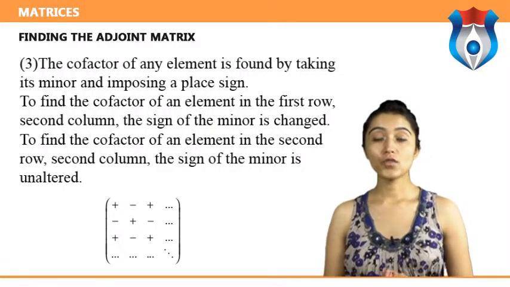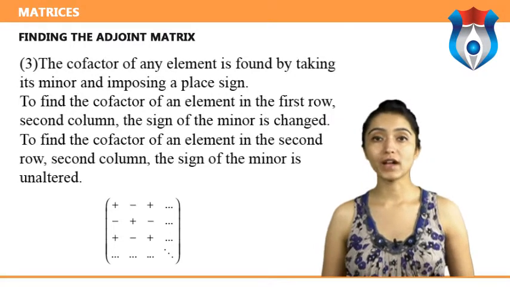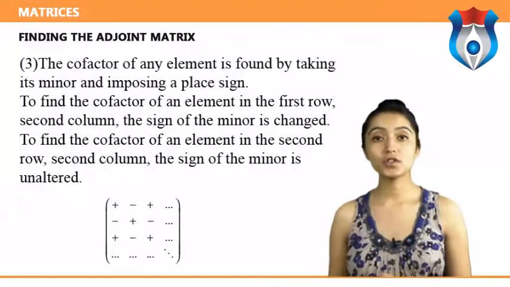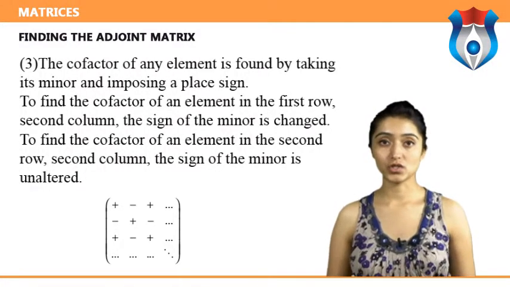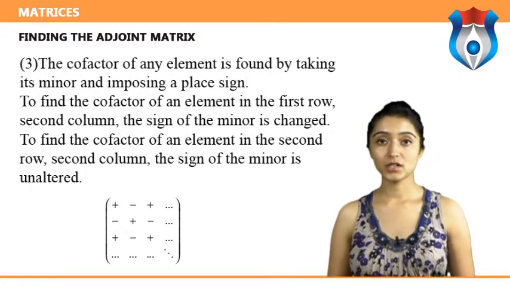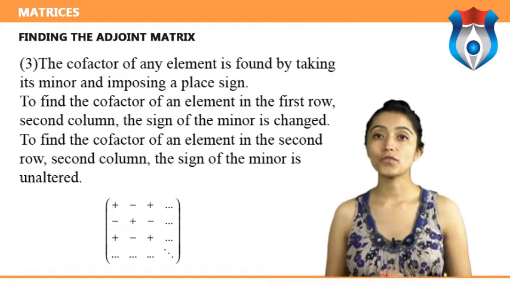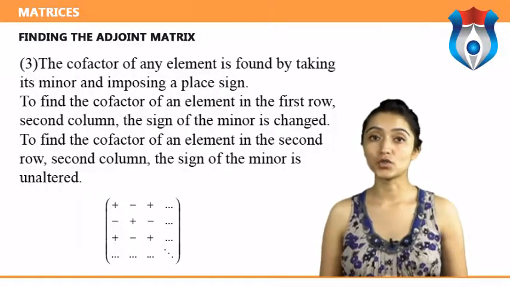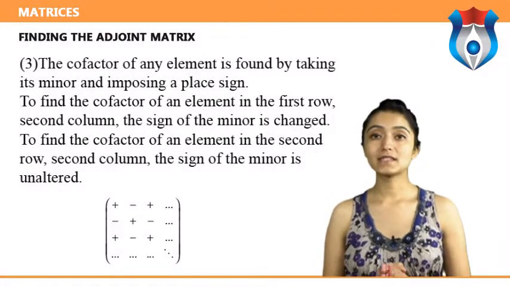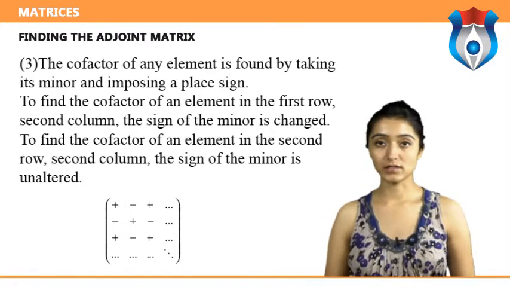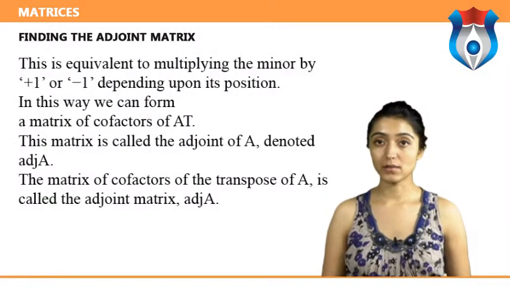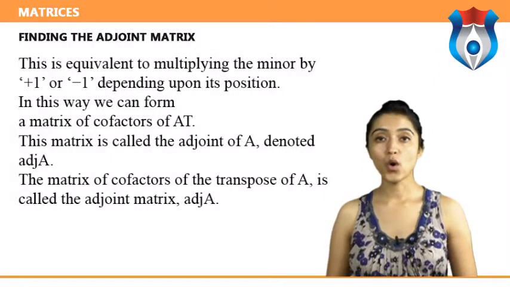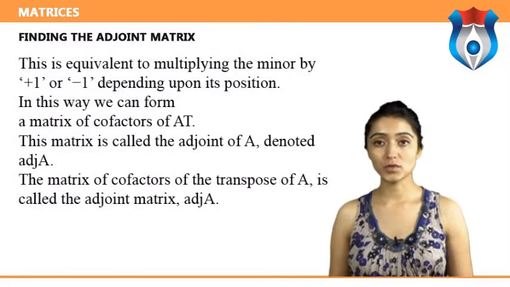This means, for example, that to find the cofactor of an element in the first row, second column, the sign of the minor is changed. On the other hand, to find the cofactor of an element in the second row, second column, the sign of the minor is unaltered. This is equivalent to multiplying the minor by +1 or -1 depending upon its position.